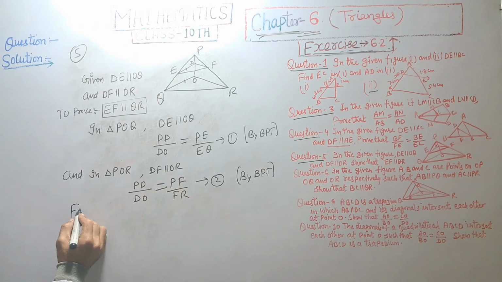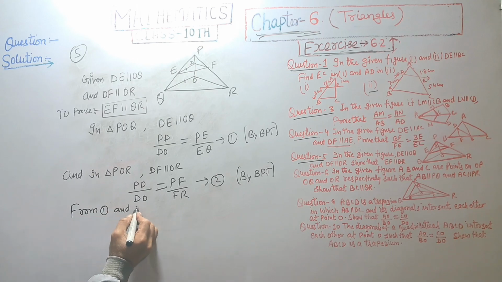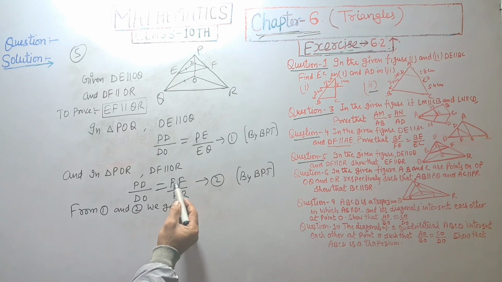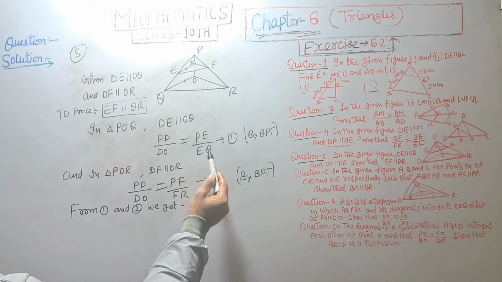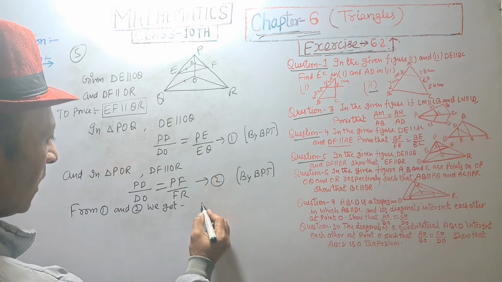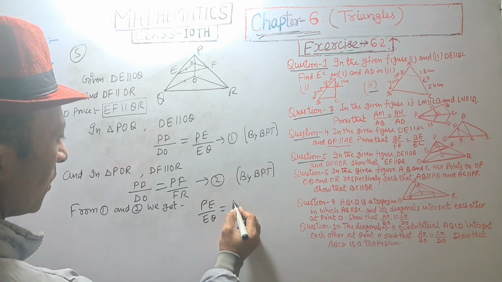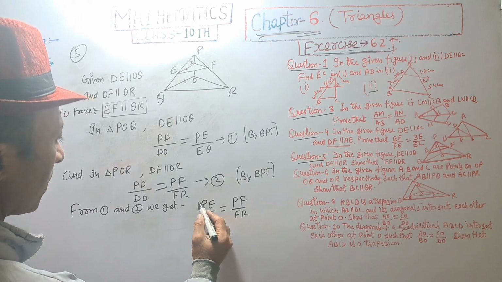From first and second we get PD upon DO is PF upon FR. PD upon DO is also PE upon EQ. Then PE upon EQ is equal to PF upon FR.